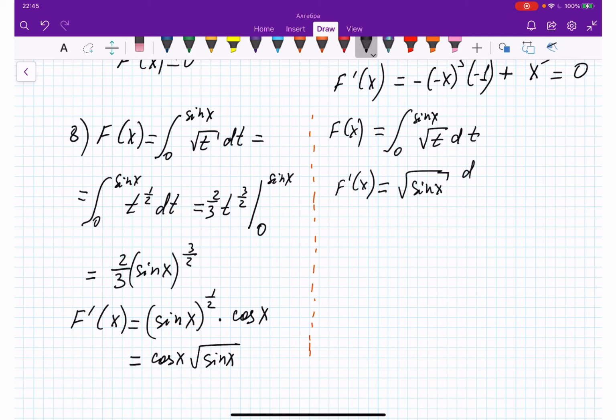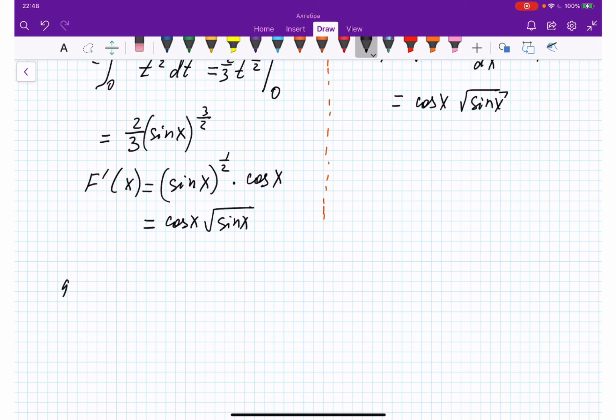And then d/dx of sine x, the chain rule, which is going to be equal to cosine x, the derivative of sine x, times the square root of sine x.